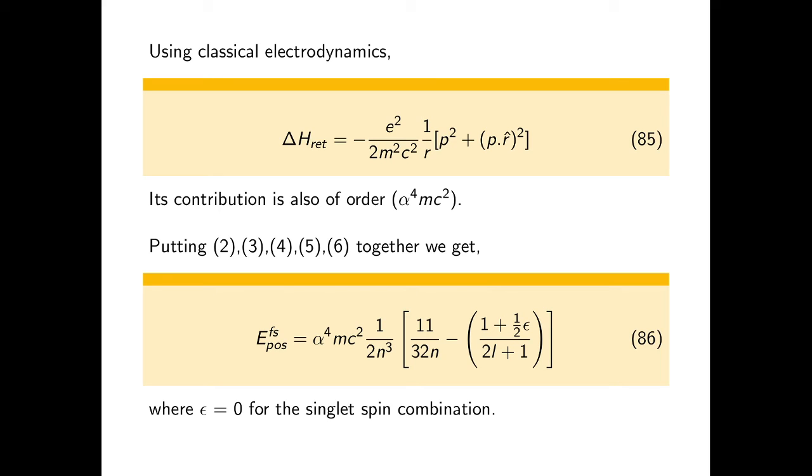For j equal to L, you would have 1 by L into (L plus 1). And for j equal to L minus 1, you would have 3L minus 1 divided by L into (2L minus 1). So that's basically for triplets.